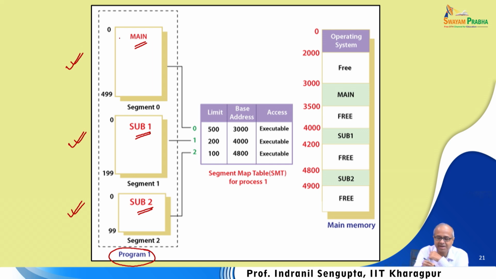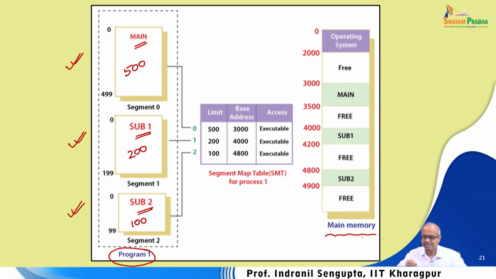As you can see, main has a size of 500, 0 to 499. Sub 1, 0 to 199, has a size of 200, and sub 2, 0 to 99, has a size of 100. And on the right side you have your physical memory, the main memory.